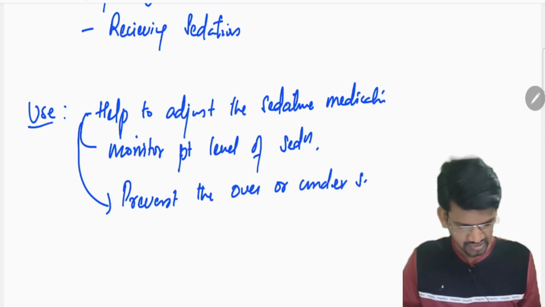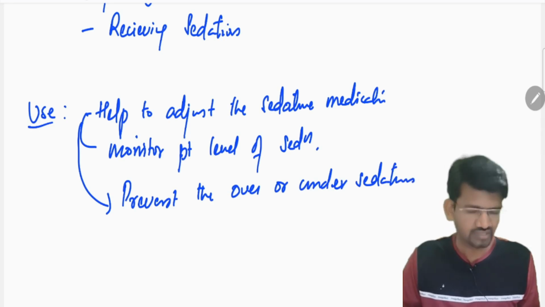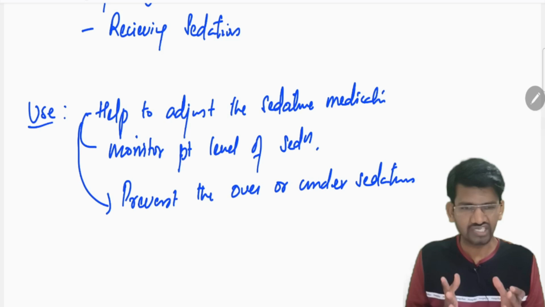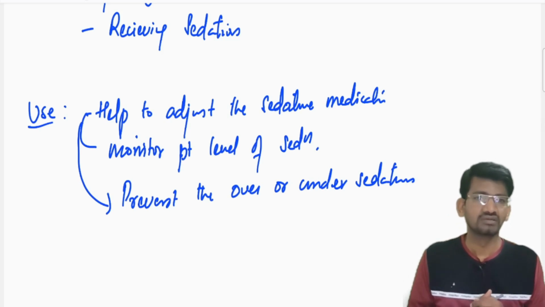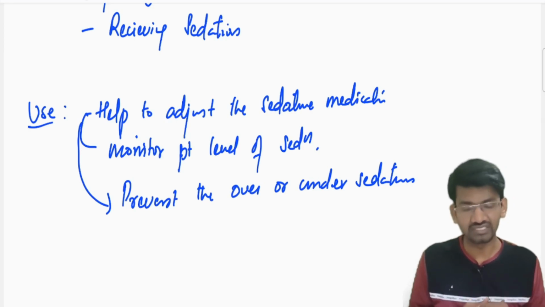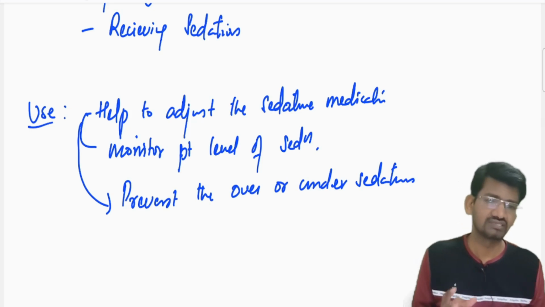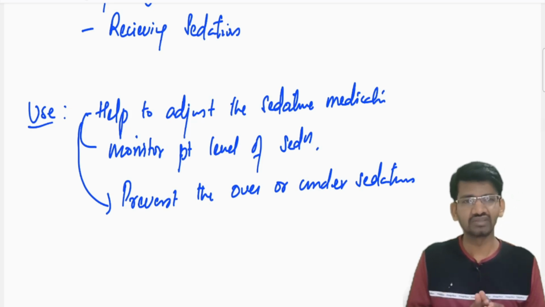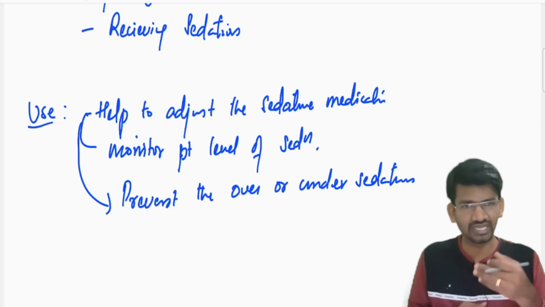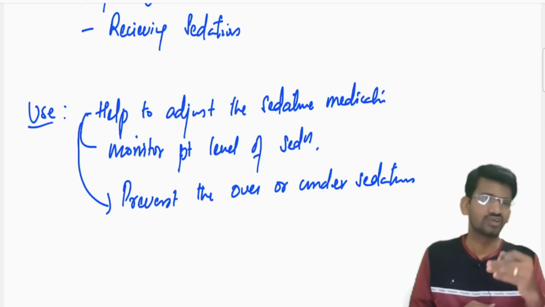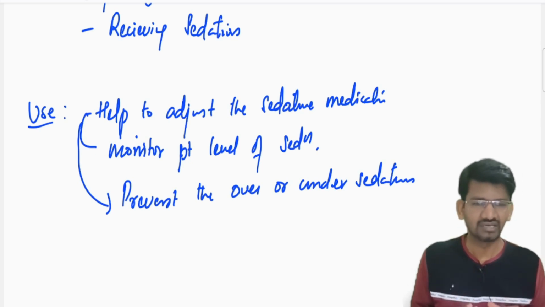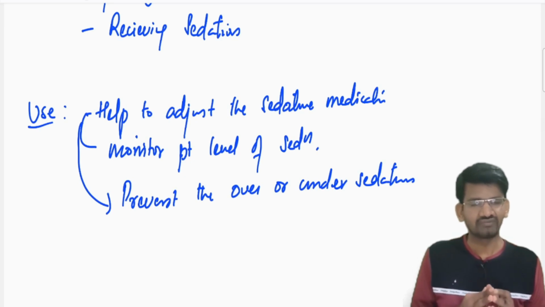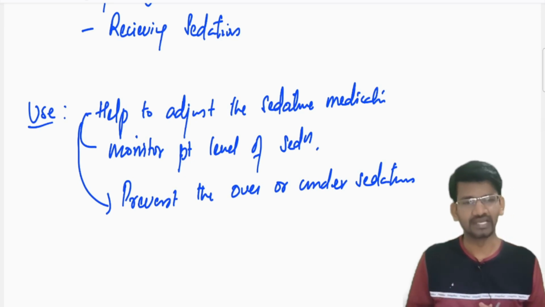Under sedation means the actual requirement of the patient based on the patient's condition, or the level of consciousness, sedation or agitation. So we can decide how much medication is required for the patient, whether we need to sedate the patient again, or reduce the sedation medication. All these things can be assessed with the help of this scale.